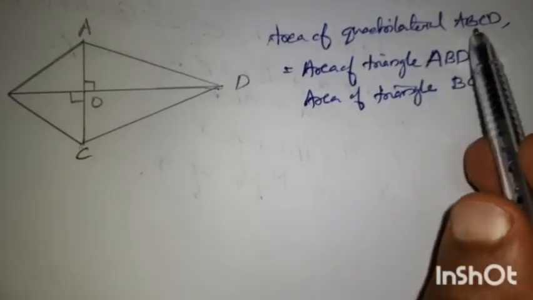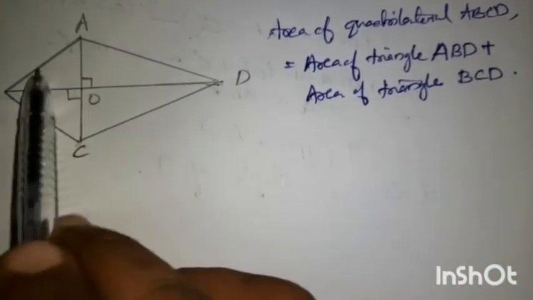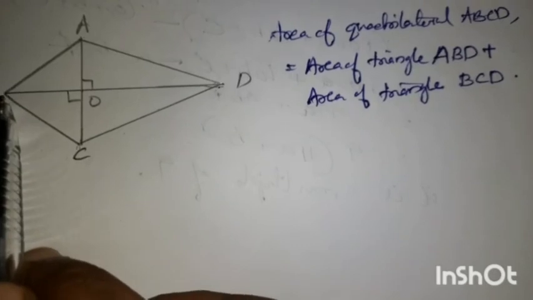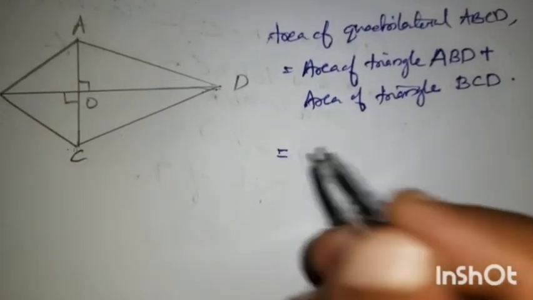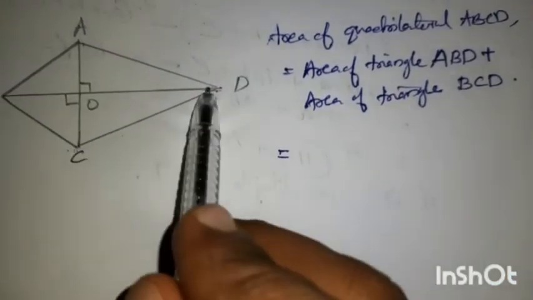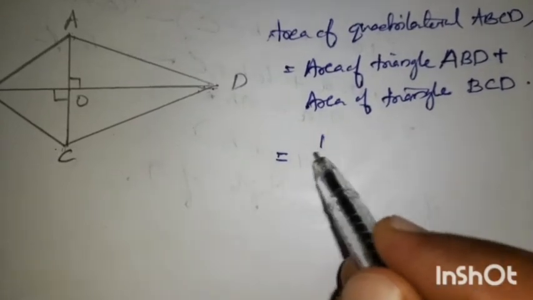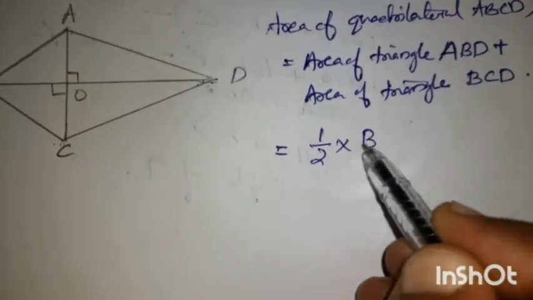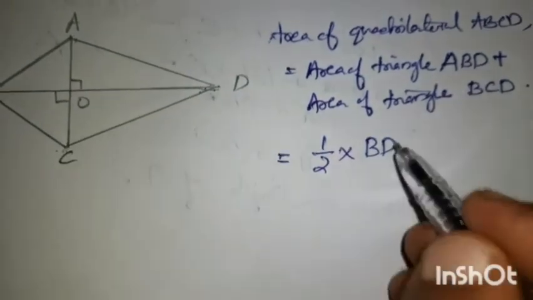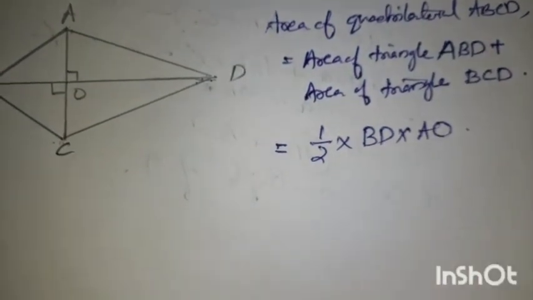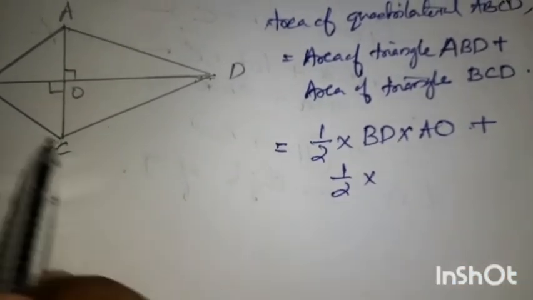So area of quadrilateral is equal to area of triangle ABD, this triangle, plus area of triangle BCD. That's equal to, what is ABD? The area is equal to half into BD, the base length, then perpendicular length AO, plus half into BCD.